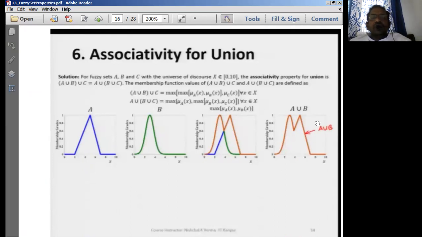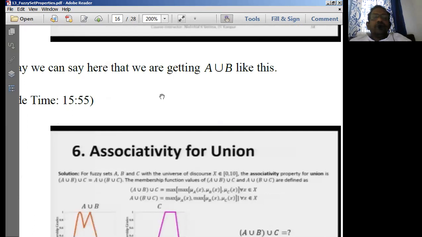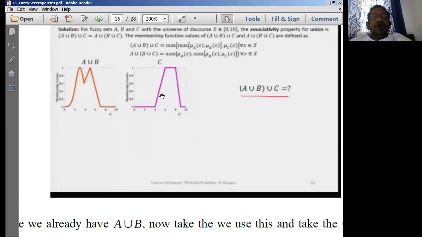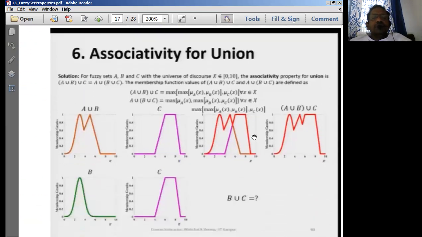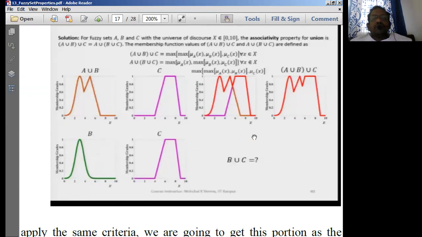So this function has to be used with another function C to find out the resultant value for this particular association. Now let us go with this. C is going to be a trapezoidal function, so we should perform this operation now. Once this operation is performed, A union B is something like this.